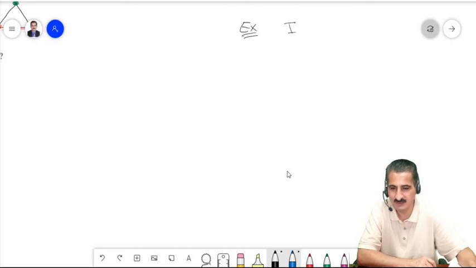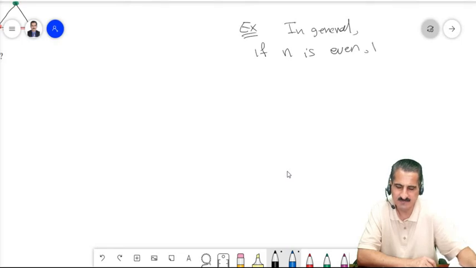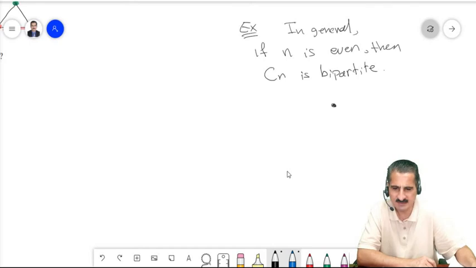In general, if n is even, then Cn, the cycle with n vertices, with an even number of vertices, is bipartite. And why is that? We will just try to demonstrate this and keep going. So we will give a color for V1, for instance, and then we will give the vertices with odd indices a color.